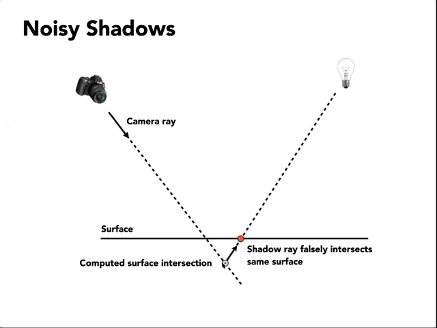This happens a lot. If this happens, then the problem is that if you try to trace from this point towards the light source to calculate the direct lighting in the path tracing integral, you're going to trace the ray towards the light source and you're going to hit the surface itself. This is a very short distance away, but you'll calculate that there's a hit point. So you'll calculate that you're in shadow and no light will transfer.